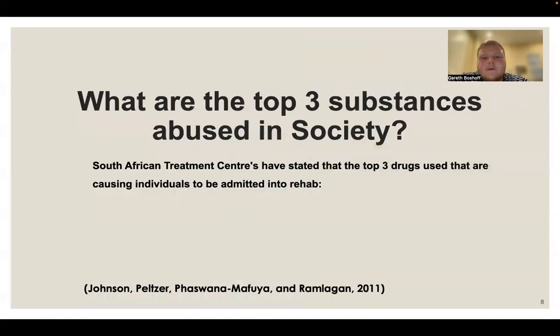Okay, so what are the top 3 substances abused in society? South African treatment centers have stated that the top 3 drugs that are causing individuals to be admitted into rehabs are the first one, cannabis, the second one, tik, and the third one, crack and cocaine.